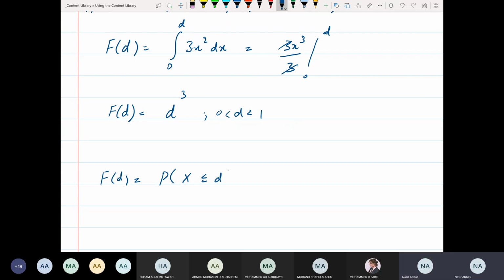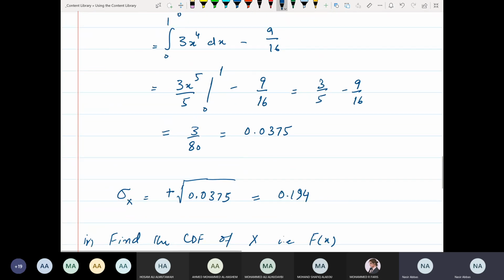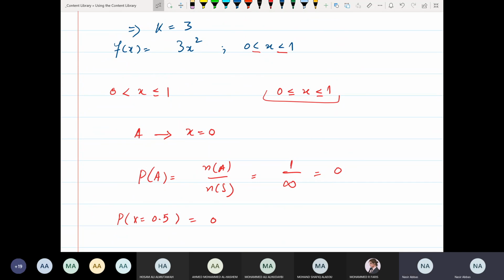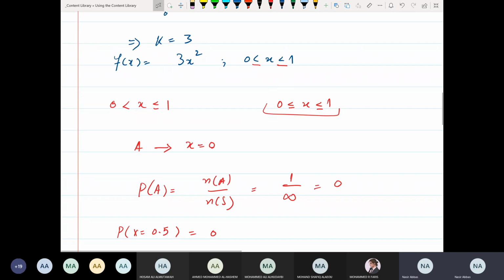Capital F of D is the probability of X less than or equal to D. So if I need the probability of X less than or equal to any point, I can directly use capital F of D instead of using small f of x. I can also use that. So in a continuous random variable, if I ask you a question about probability, you can use both of them, small f of x or capital F of x. Let me show you how.